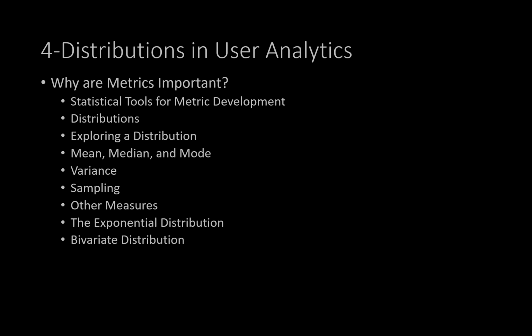Now let's talk about exponential distribution. Exponential distribution is a really important distribution for user analytics. Let's take the example of a product where there are views on particular items in a feed.